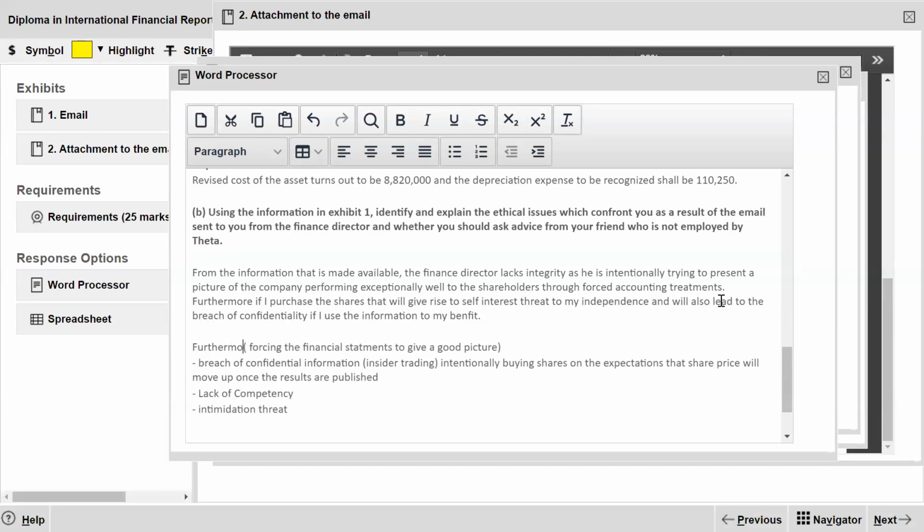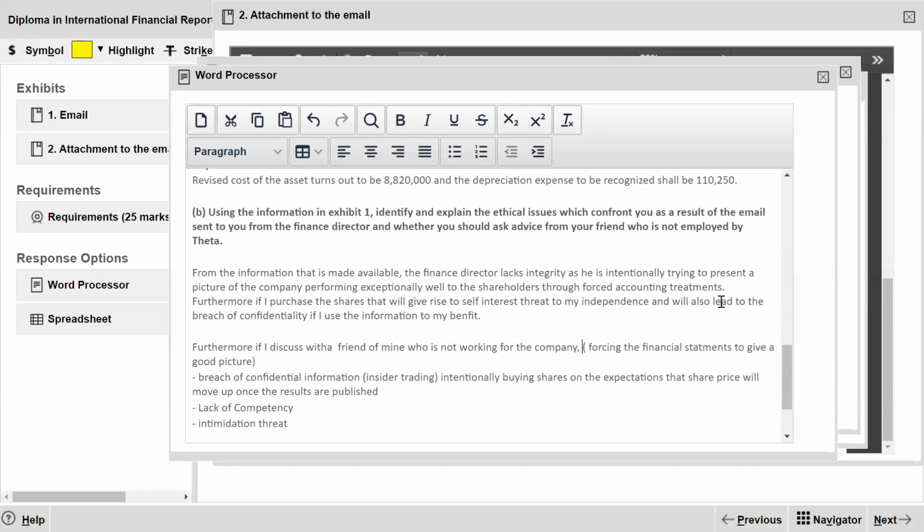Furthermore, if I discuss with a friend of mine who is not working for the company, this will also give rise to a breach of confidentiality.